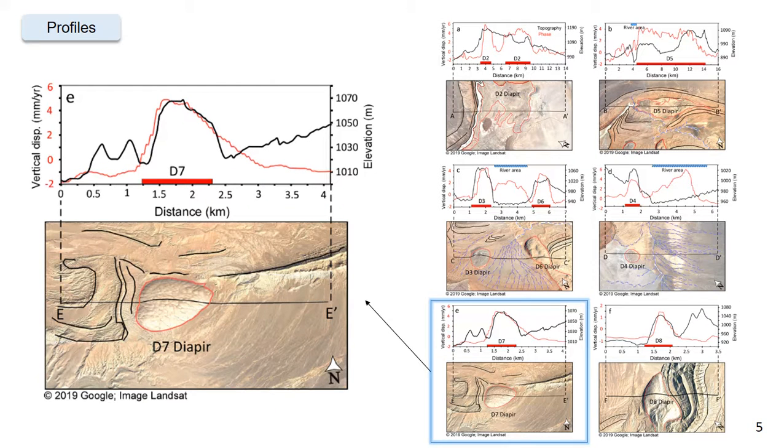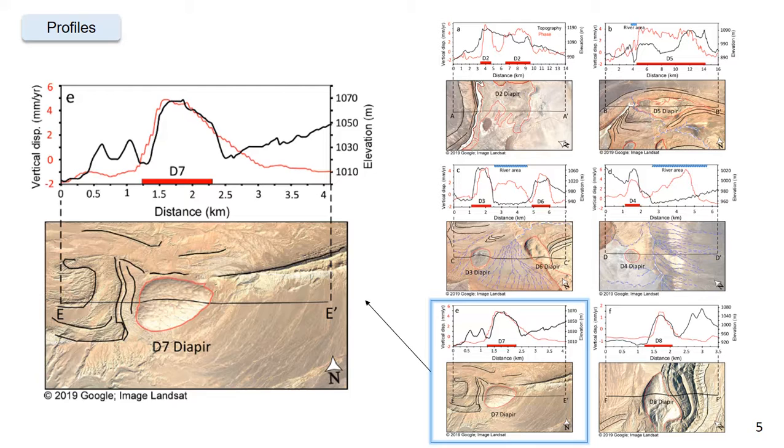To investigate the vertical displacement rate, we extracted 6 profiles crossing the salt structures. For instance, for the E prime profile, the graph shows the displacement rates in the vertical direction versus topography along the profile.